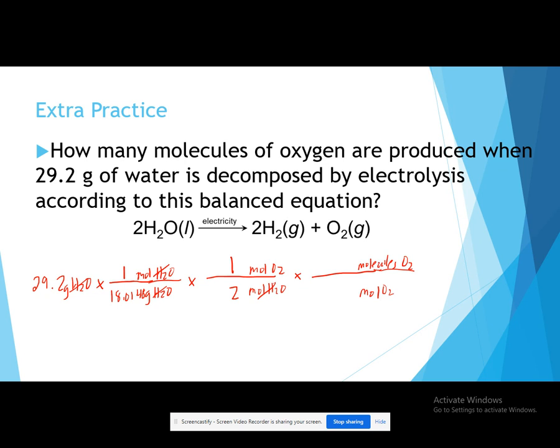And that makes sense. Molecules should go with O2 because it's a diatomic molecule. Since there's 2 of them, it makes it a molecule. So 1 is always attached to moles, and 6.02 times 10 to the 23rd is attached to molecules. So that leaves you in the unit that you want. So when you go ahead and solve, you get about 4.88 times 10 to the 23rd. Let's label it correctly, molecules of O2.